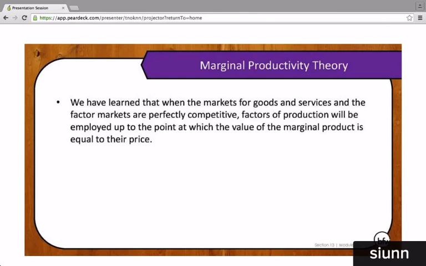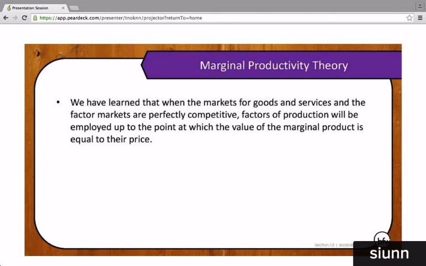So what marginal productivity theory says is that the wage that is paid to all workers in a specific market is going to be equal to the marginal revenue product of the last worker hired, or the last unit of land hired, or the last unit of capital hired. And so that will be the wage paid to all of the workers, or the rental rate for the land.